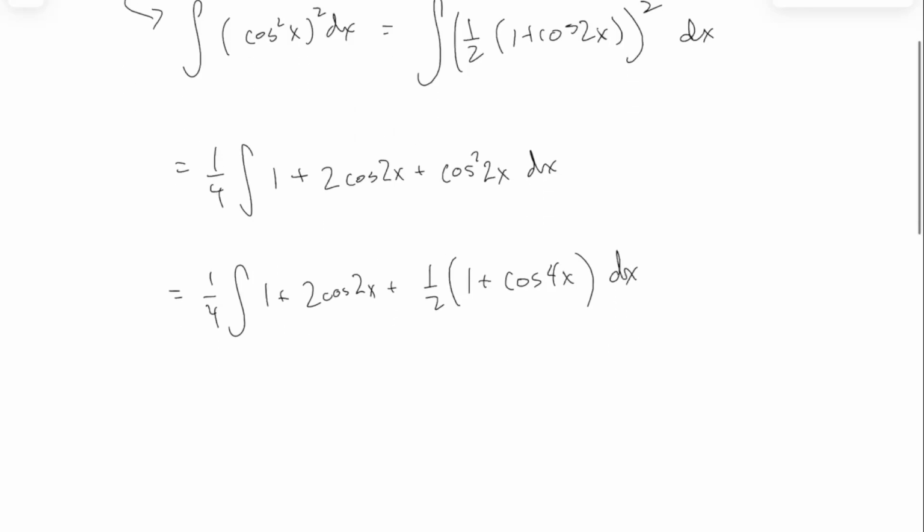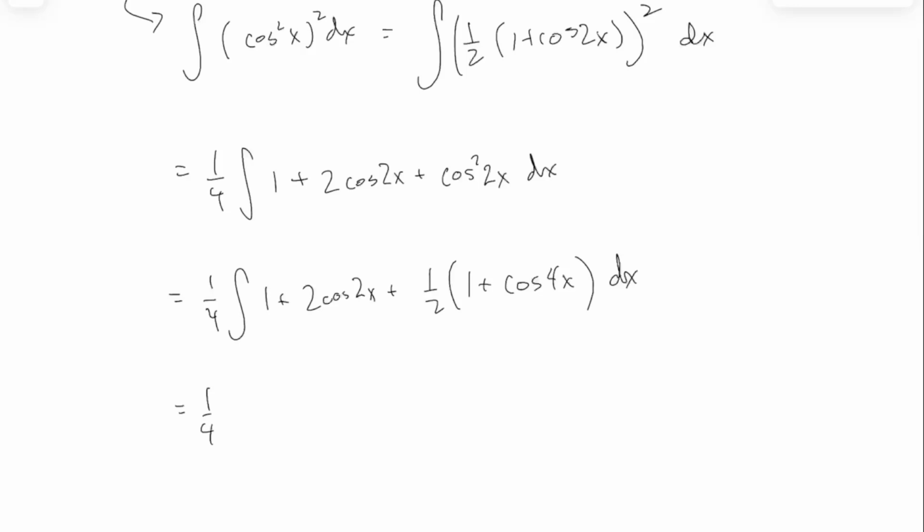Maybe I will distribute that 1/2 in there. It's not a big deal, but it's going to be 1 plus 2 cosine 2x plus 1/2 plus 1/2 cosine 4x. And now it's a bunch of stuff added together. We can just go down the line and do the integral each time.